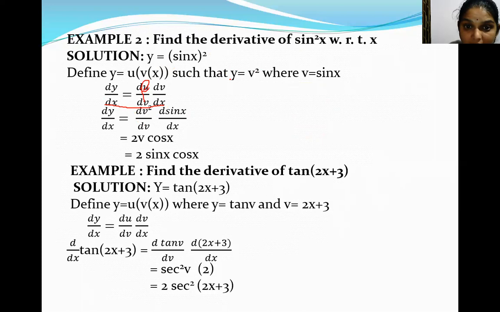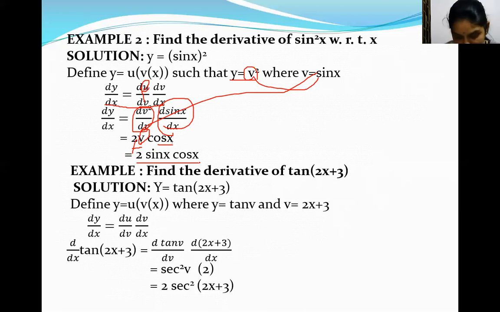Our u is defined as phi square, and phi is sin x. So d by d phi of phi square into d by dx of sin x. Derivative of phi square with respect to phi is 2 phi, and derivative of sin x with respect to x is cos x. So 2 phi as it is, cos x. What is our phi? Our phi is sin x. So the derivative of sin square x is 2 sin x into cos x.